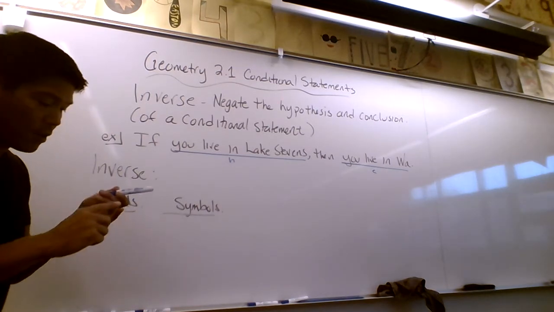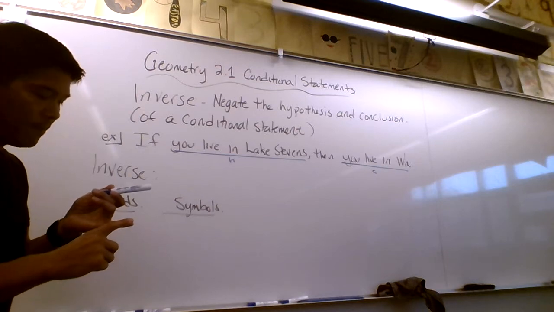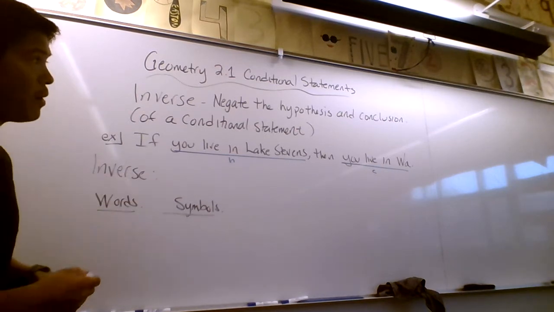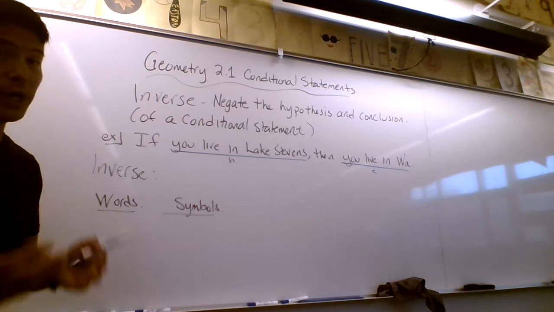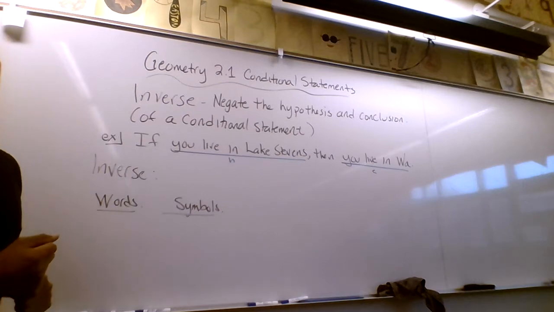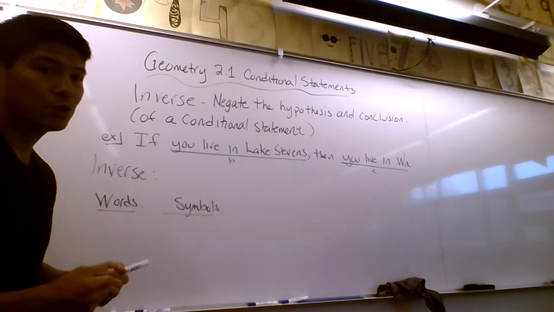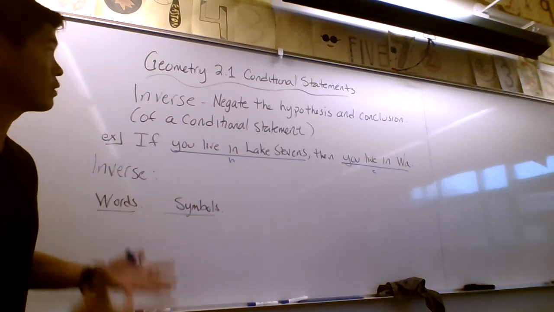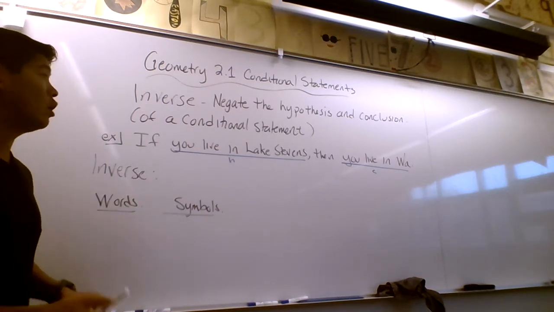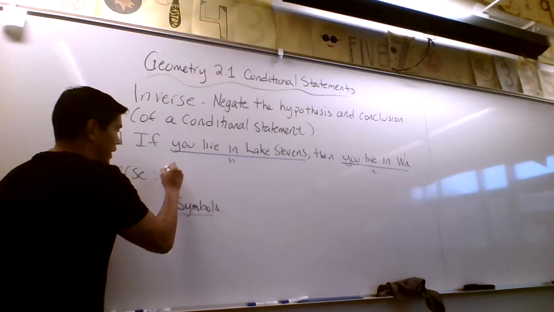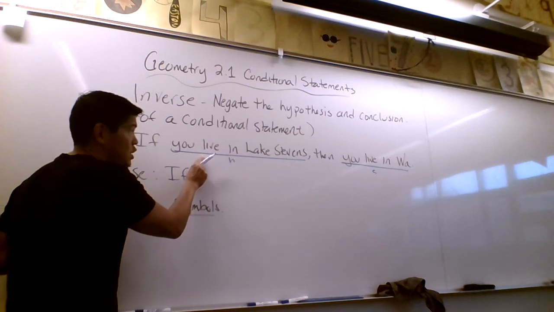Remember, the converse is also in if-then form. The inverse could be written in if-then form, and then you negate the hypothesis and conclusion. Once we cover in a couple of minutes what's called the contrapositive, that's in if-then form as well. So any variation of the conditional statement, also referred to as related conditional statements, are in if-then form. But the inverse of this statement is if, basically not P, this is P, the hypothesis.